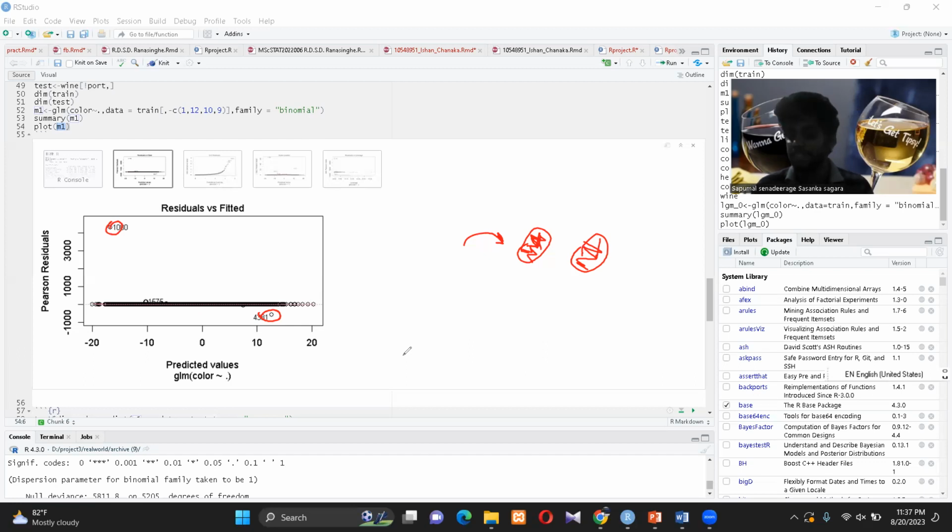Due to these points, the accuracy of the model may be decreased a little bit, right? If most of these points are not lying along this y equals 0 axis, which is the x-axis, then it's not a better model, right? We cannot make sure of that model.